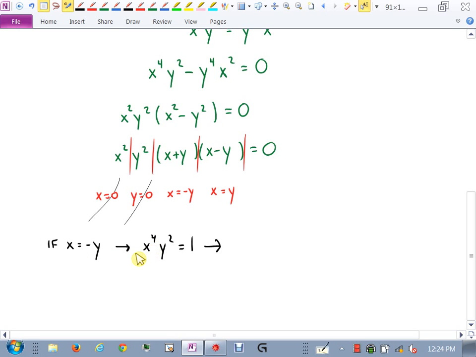Y to the fourth? It's still positive though, right? So that whole thing becomes y to the sixth equals 1. So that means y must be plus or minus 1, because you would take the 6th root on both sides. Yes?